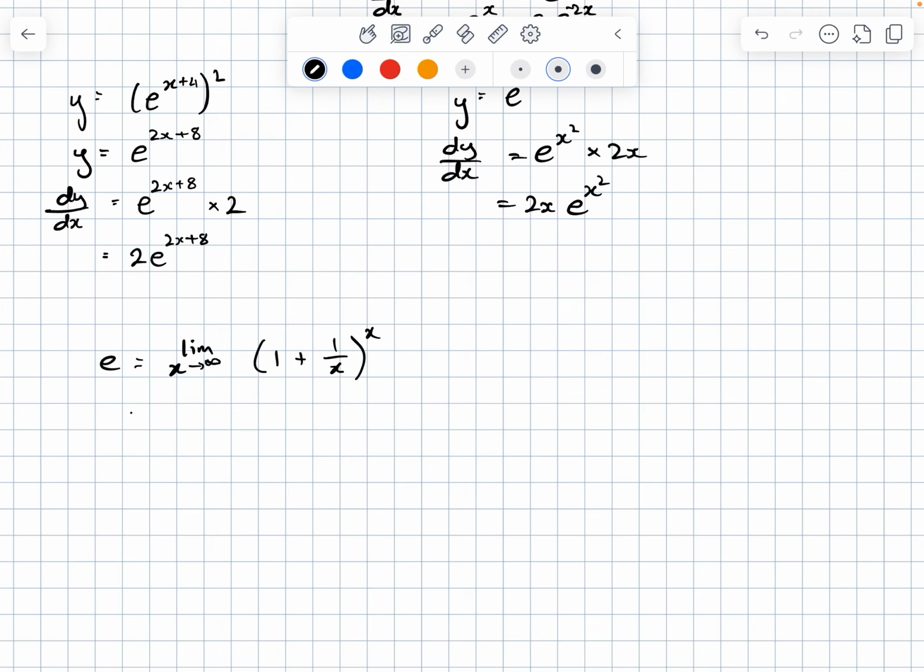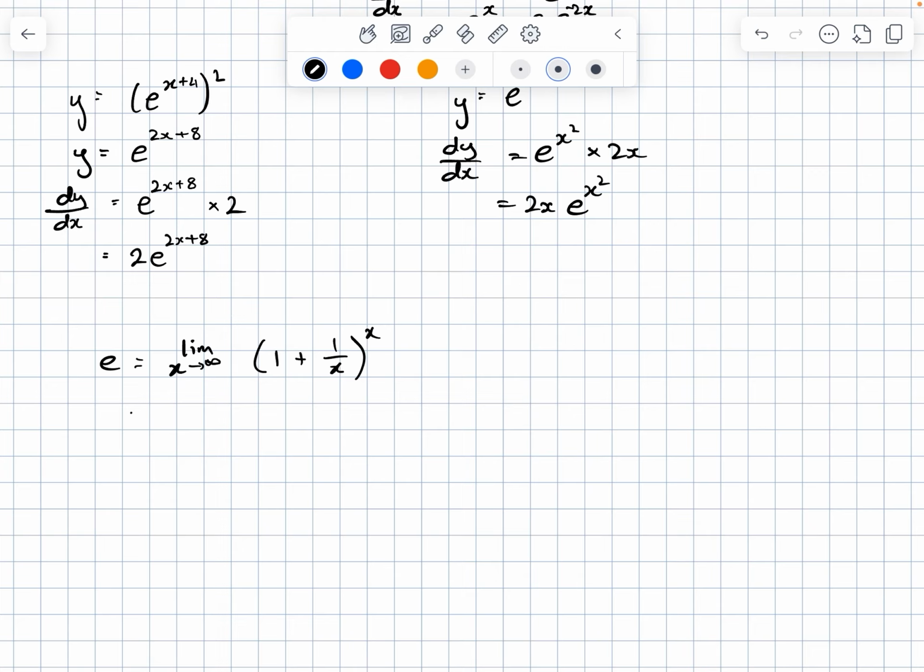Now, in our calculators, we can't actually use infinity because it's not a defined number, but we can use a number like 1,000,000 to pretend. Now, if you go too much bigger than 1,000,000, the calculator treats 1 over 1,000,000 as 0 because it can't handle it. So let's just use 1,000,000 and substitute 1,000,000 into this formula.